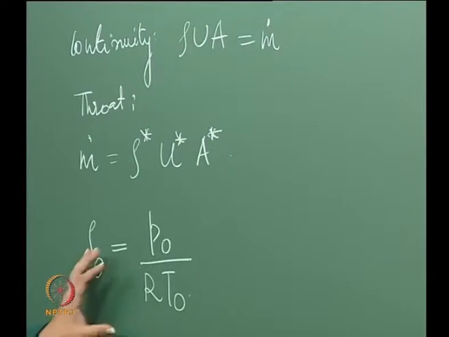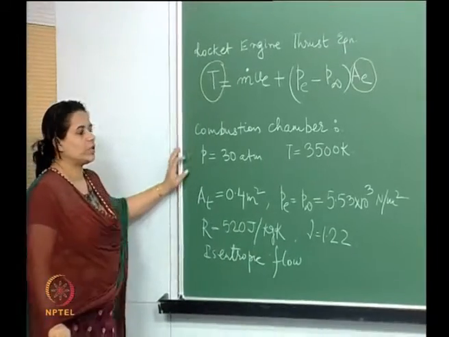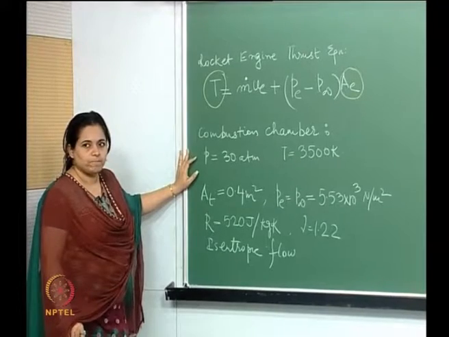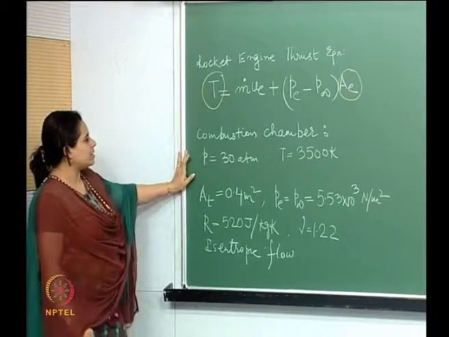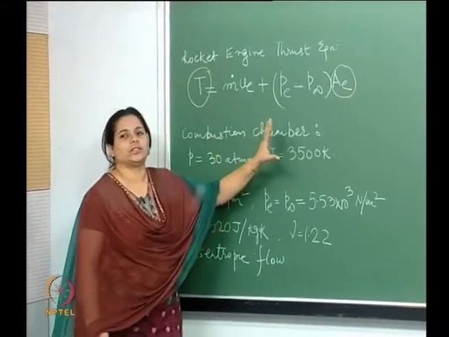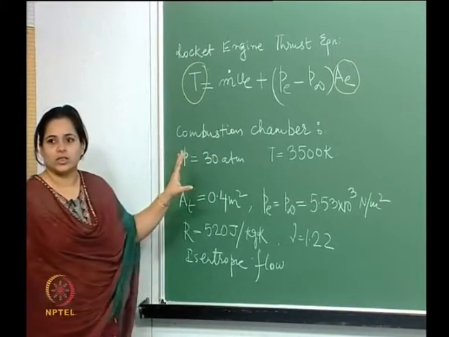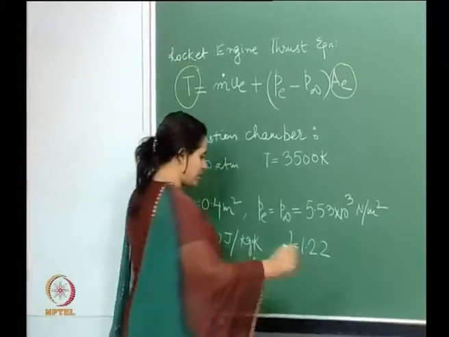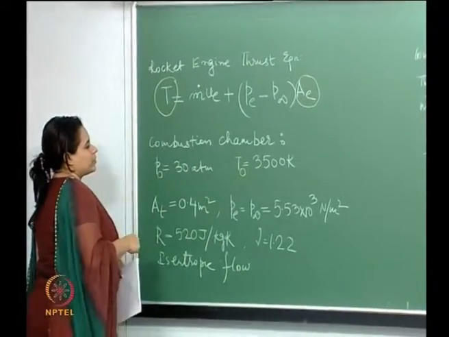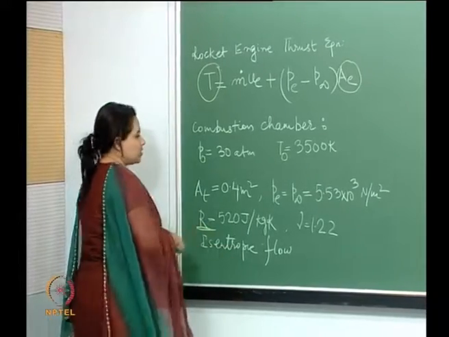Is there anything here you think we should be able to use in this particular case? If I have to find out the reservoir density, that is the density in the combustion chamber, where two gases are burnt which results in these. So this is essentially the reservoir conditions. We can consider this P and this T are the reservoir conditions, and R is given to us. So we will use that.